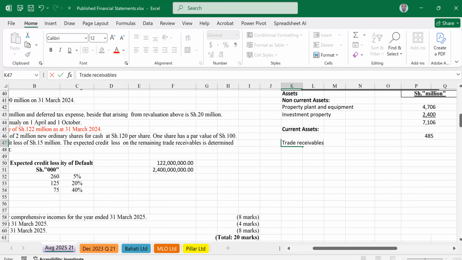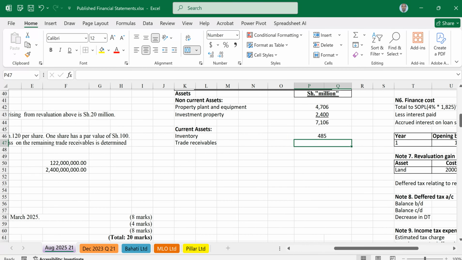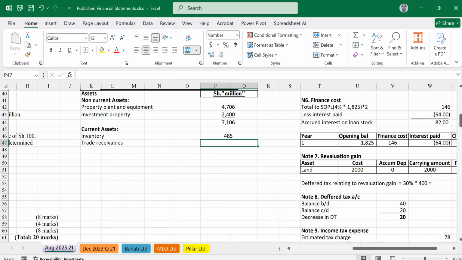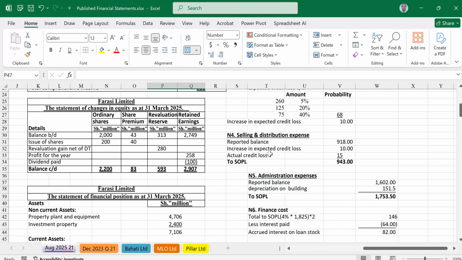Trade receivables will be obtained after deducting a few things. You get trade receivables after deducting the credit loss. Remember credit loss in note 4. There is expected credit loss, the actual credit loss of 15, and then also the provision at the end of the year, which was 68.